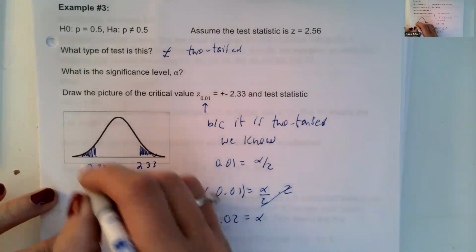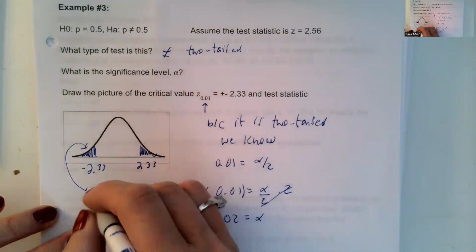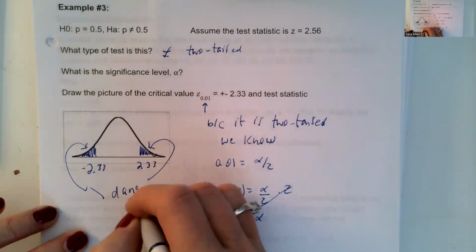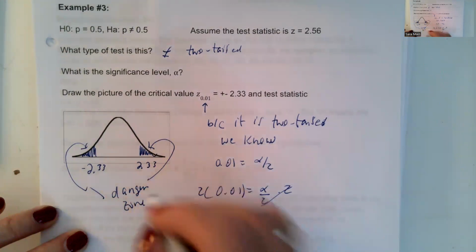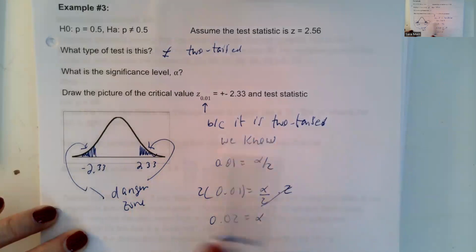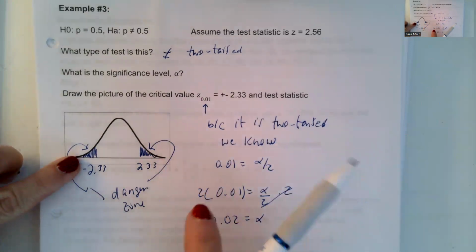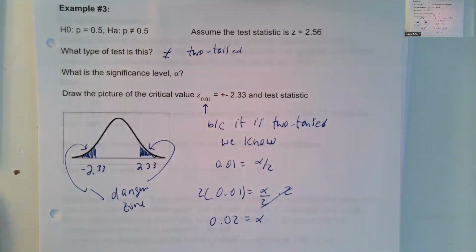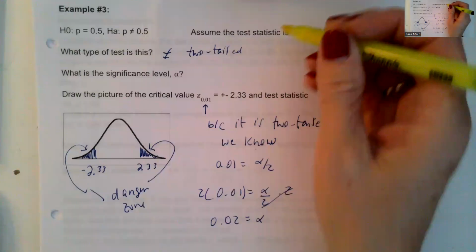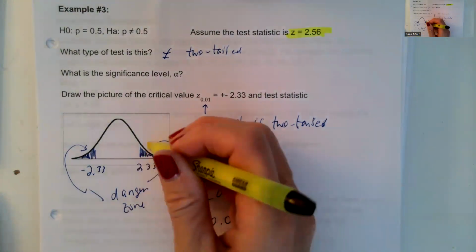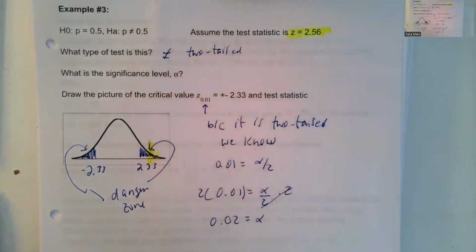And these right here, this is a danger zone and that is a danger zone. So if our test statistic is in one of these areas, we're going to reject H0, okay? And if you notice, our test statistic right up here is 2.56, and it is in this danger zone. It's over here.